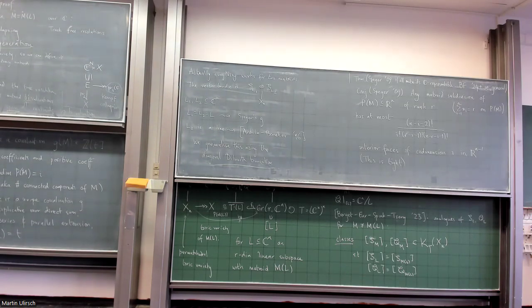So I could say the class of this matroid equals this. If I take these relations and impose them on the matroids themselves, then I get some group generated by matroids with some relations. And okay, this group as a Z module, the representable matroids span it.